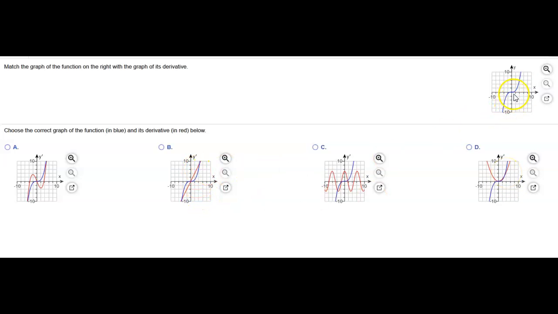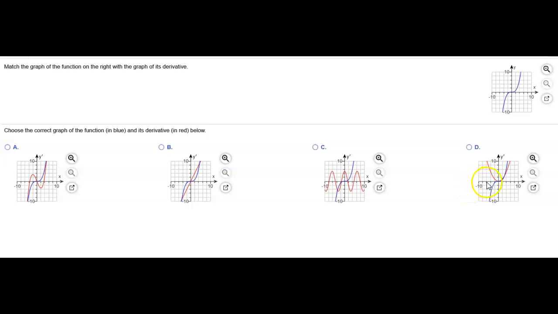And at x is equal to negative 4, and I come down here, I still have a pretty steep slope for my tangent line there. And it's still positive. So x is equal to negative 4 should still be a positive 5 because the slope is still positive.